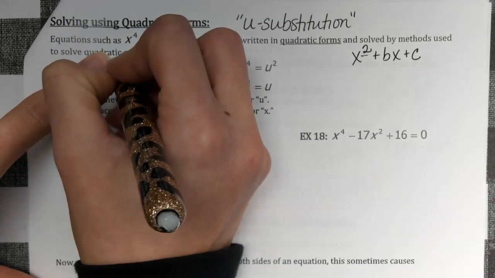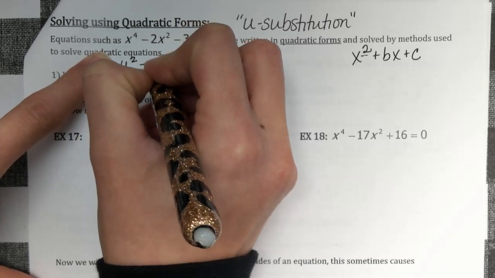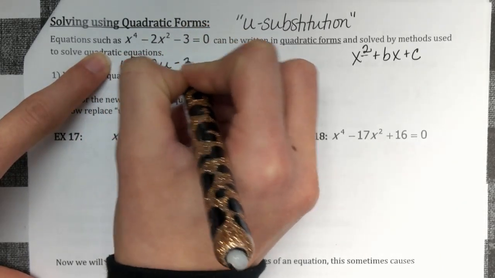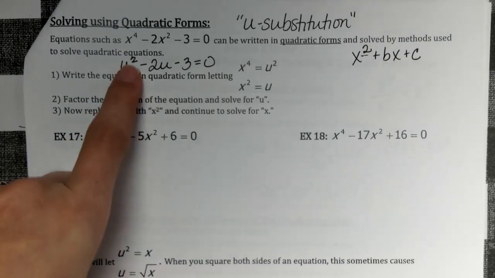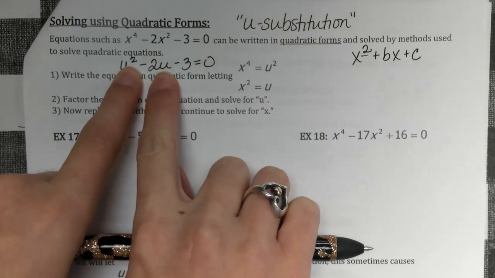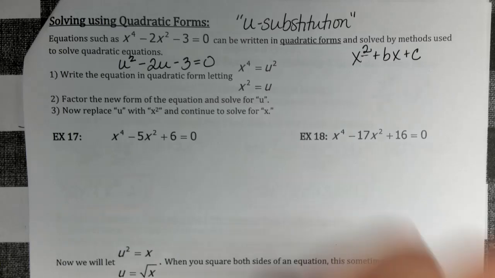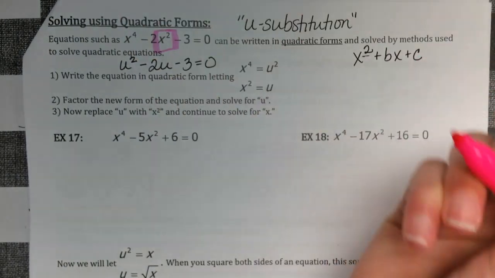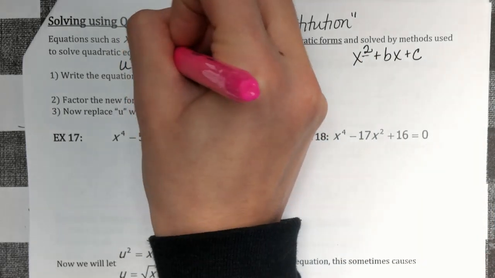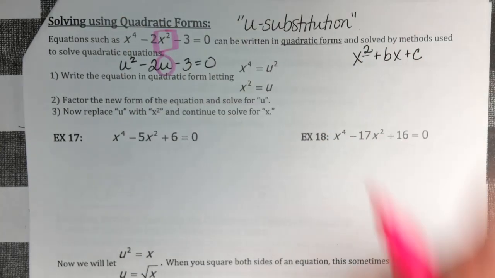So this is like u squared minus 2u minus 3 equals 0. So it gives you your squared term, it gives you your single term, but now you're taking x squared and replacing it with u.